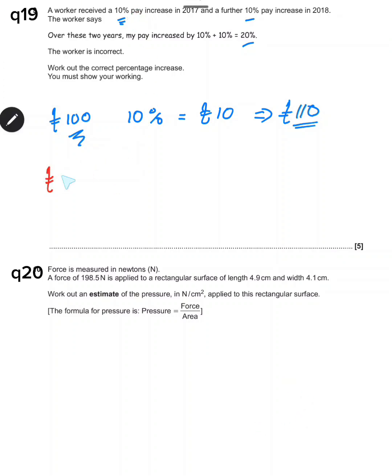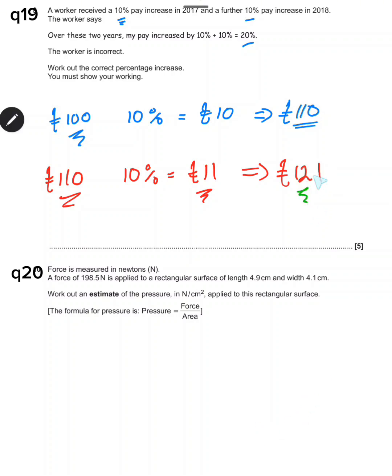If we do another 10% increase, well, we're now starting with £110. So let's find 10% of that. It's not the same £10. 10% of 110 is £11. And if we go up by a second 10%, we do 110 add 11, which is 121.